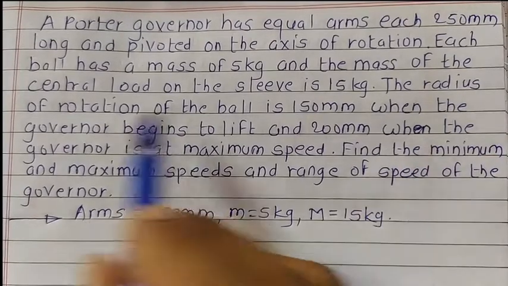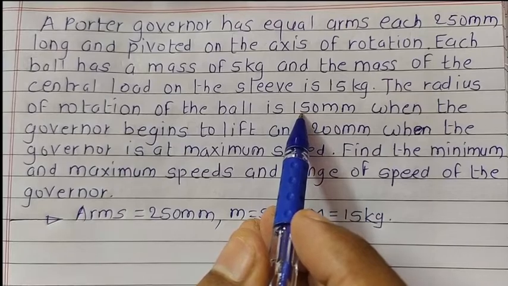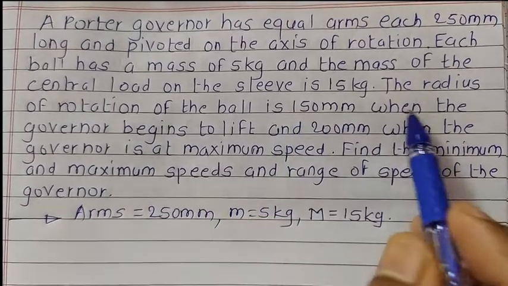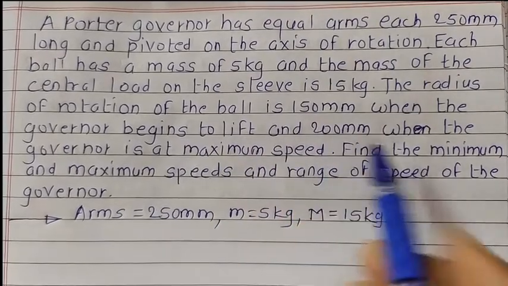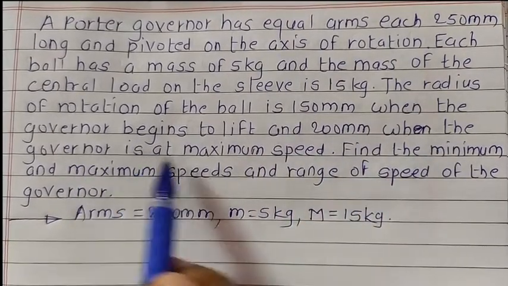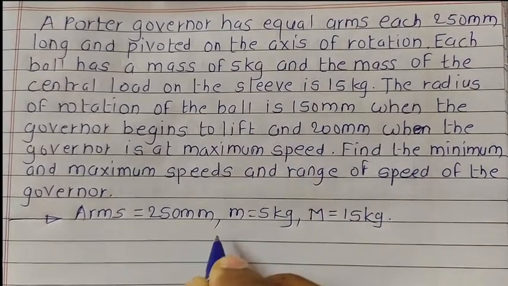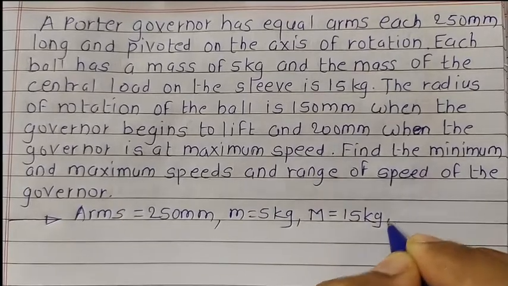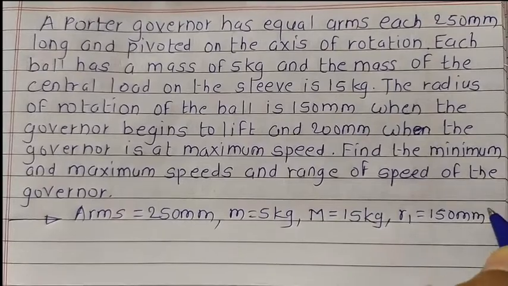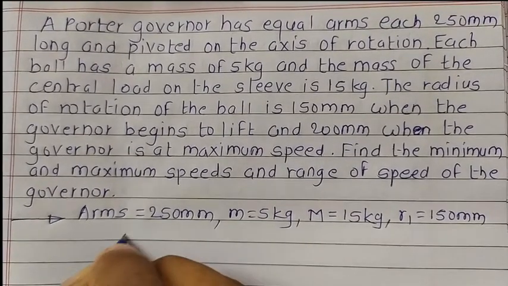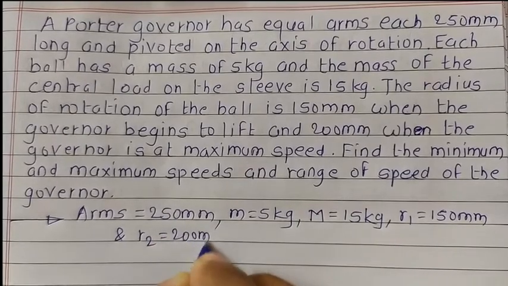The radius of rotation of the ball is 150 mm when the governor begins to lift, and 200 mm when the governor is at maximum speed. Means the value of R1 is 150 mm, and R2 is 200 mm.